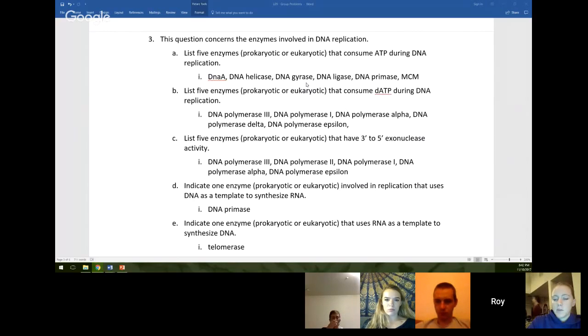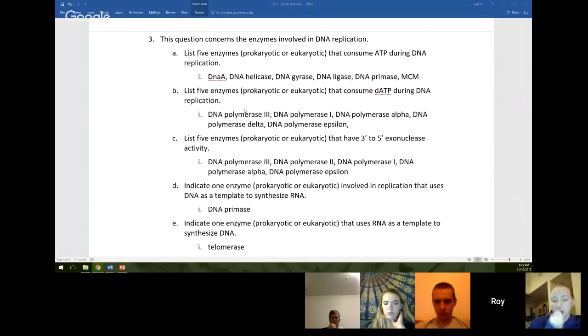There's at least 5 enzymes, prokaryotic or eukaryotic, that consume deoxy ATP during DNA replication: DNA polymerases alpha, epsilon, delta, 1, and 3. Then C lists 5 enzymes that have 3' to 5' exonuclease activity.